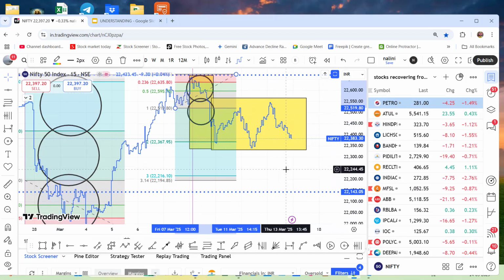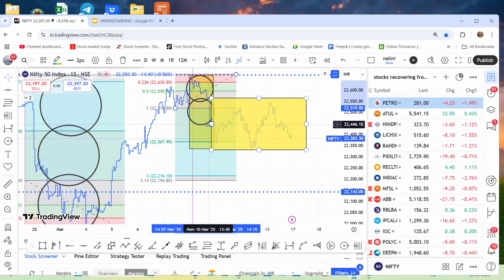That's why you should understand the market cycle, measured move, imbalances, and liquidity, dynamic liquidity, and static liquidity. Dynamic liquidity means when the price moves so swiftly within this cycle.